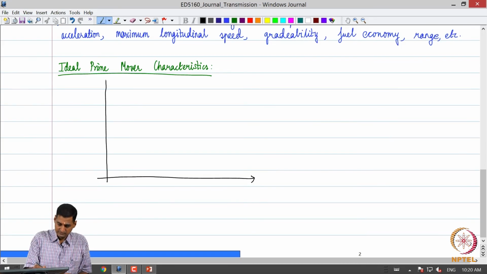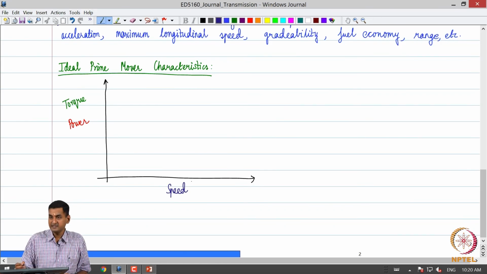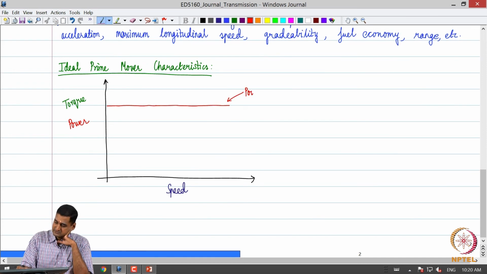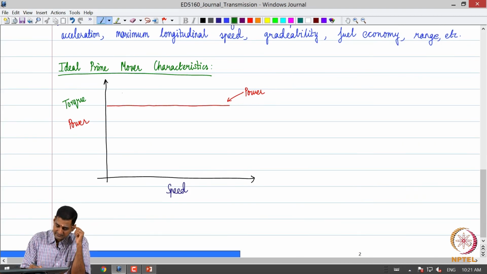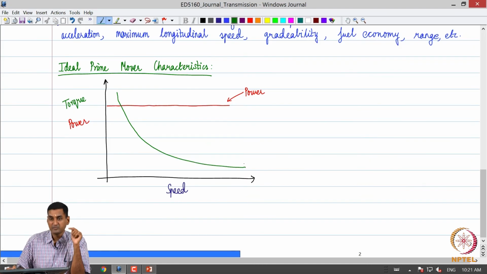So, if we plot the torque and power of a prime mover with speed, an ideal prime mover should be one which provides a constant power across all speeds, and since power equals torque times omega, the torque profile would be a hyperbola, right. So, if the power were constant, torque will be some constant divided by omega. So, this will be the torque requirement.